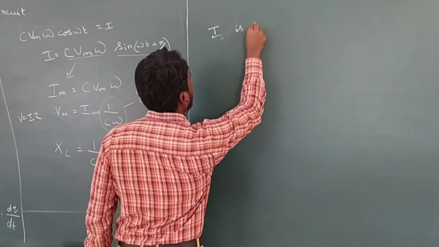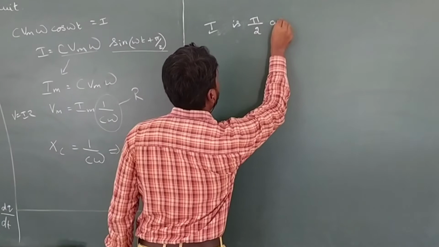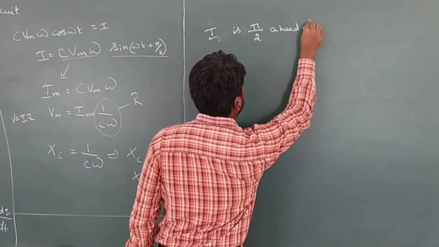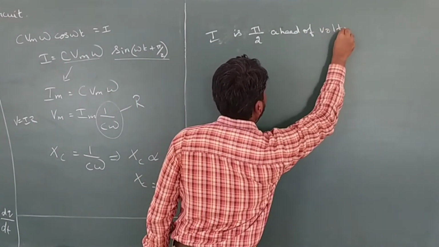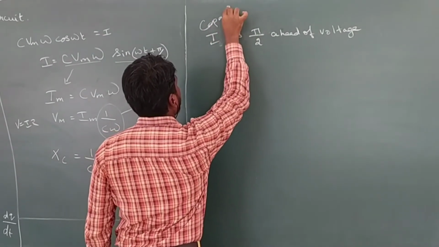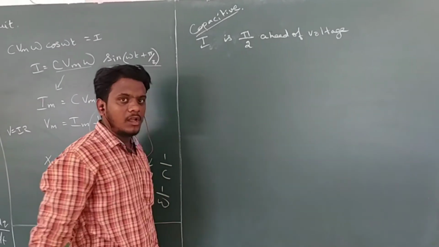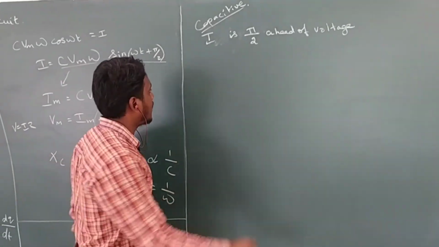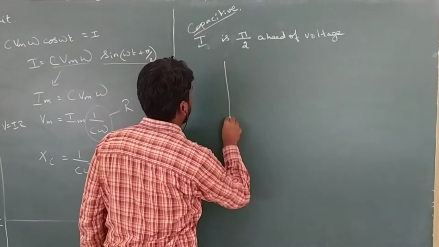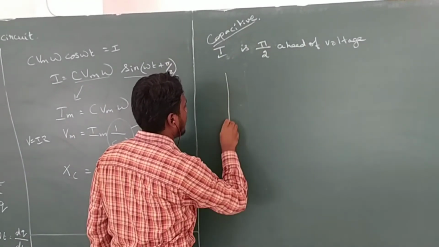The current is 90 degrees ahead of voltage, right? This is for the capacitive circuit. So let's draw the phasor diagram and the graphical representation, right? So first I will represent it graphically.